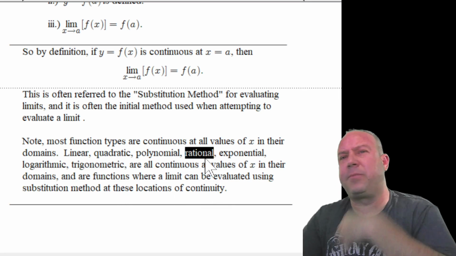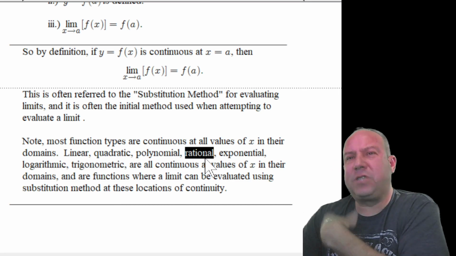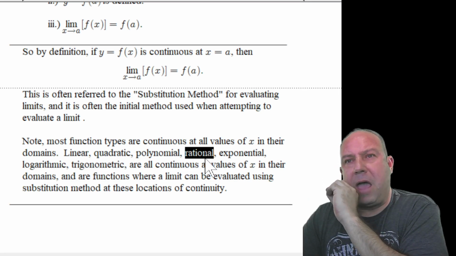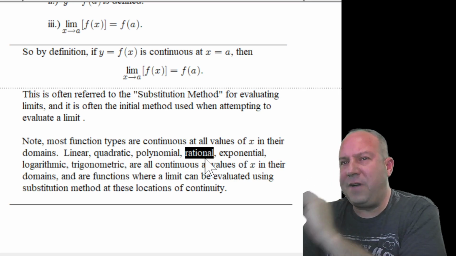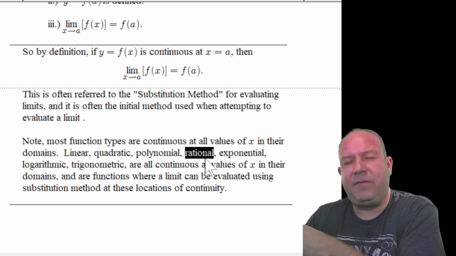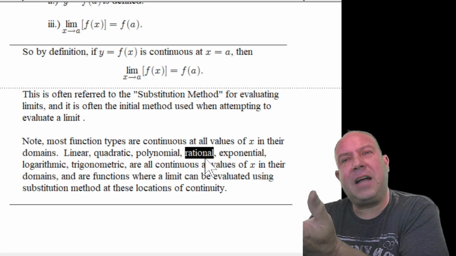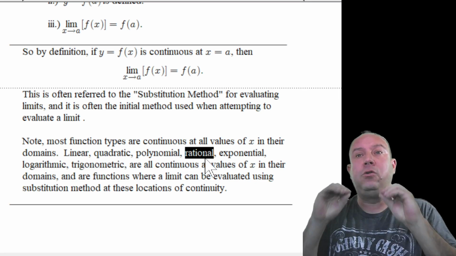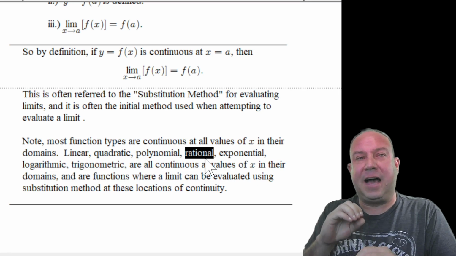Yeah, because when we think about something like a rational function, we can use substitution on a rational function for every value of x that is in its domain. With a rational function, however, we don't have domains from negative to positive infinity. There will be locations of discontinuity, and at those locations, we can't use the results of the substitution method to give us the exact answer.